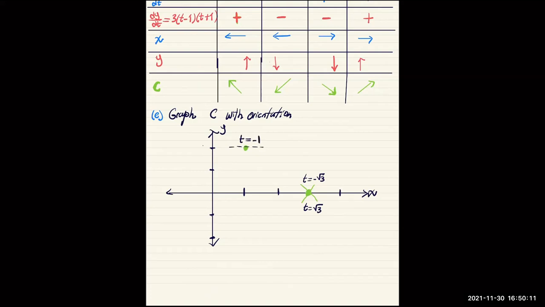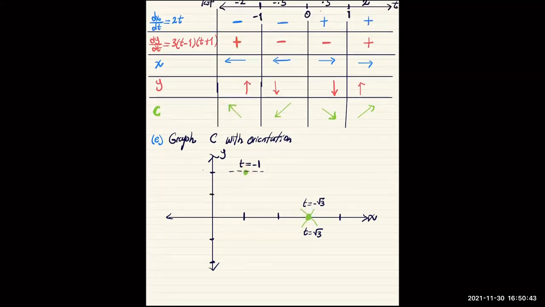What this tells us is that at t of -√3, the particle is here, and then later, where t is -1, the point will be there. So orientation seems to be that way. And that's consistent with what this says. Y'all see that?